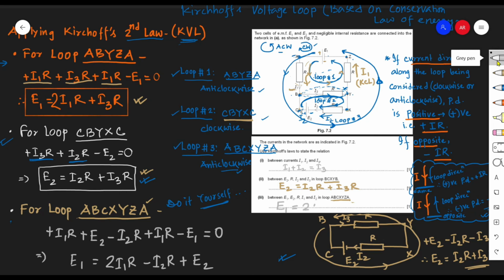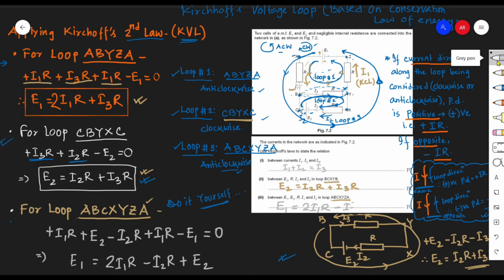We algebraically take the sum of all and equate it to 0. Then finally, we subject one particular variable, so the left hand side and right hand side of the equation will be formed.